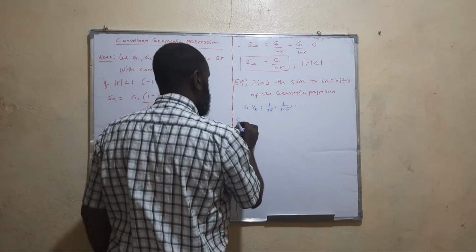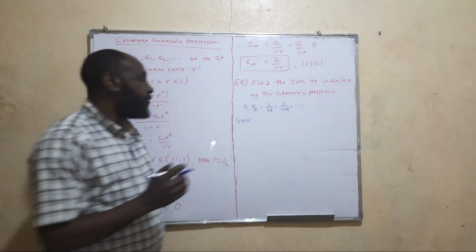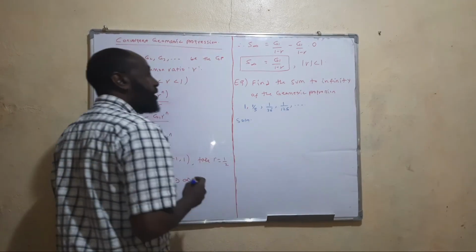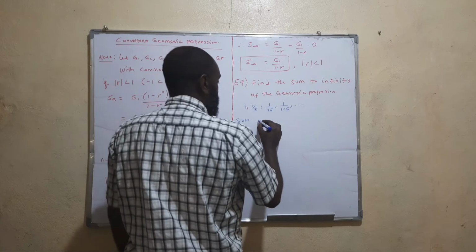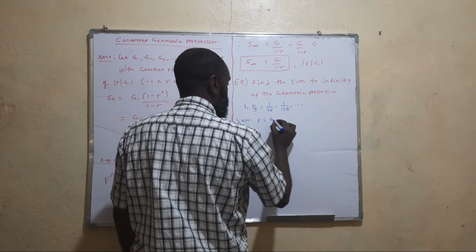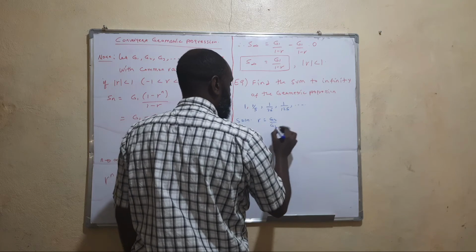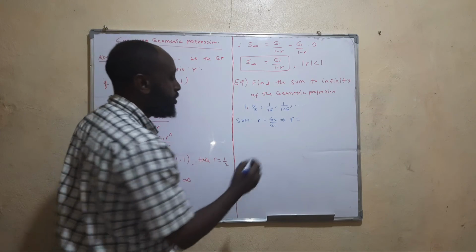So, as a solution, what we are going to do is the following. We are told that it's a geometric progression. So, what's R? R is simply G2 over G1. This implies R is equal to how much?